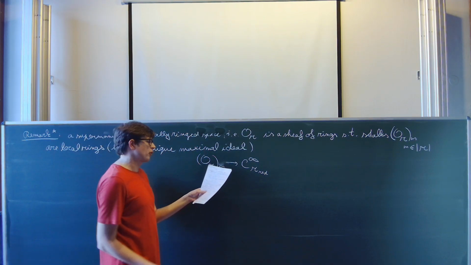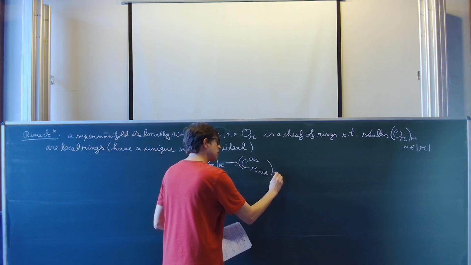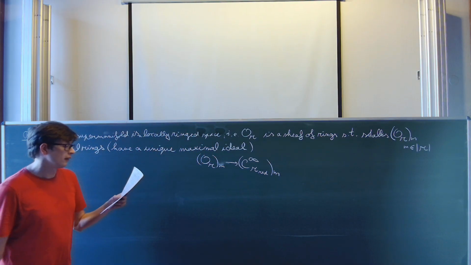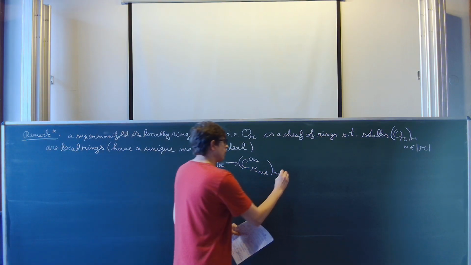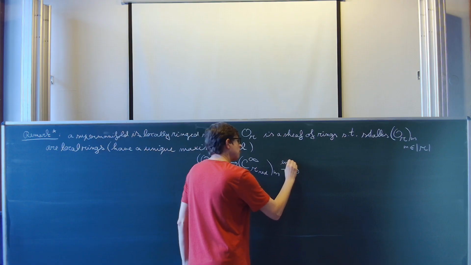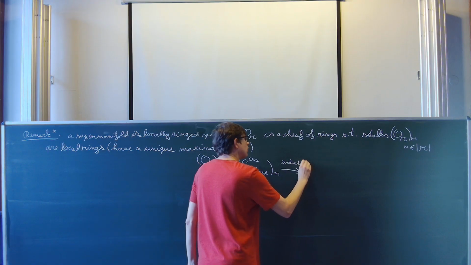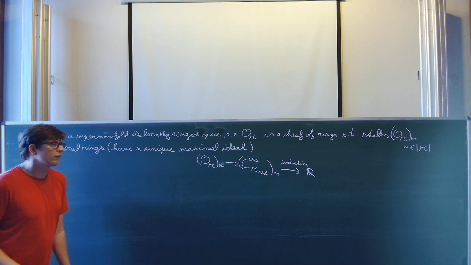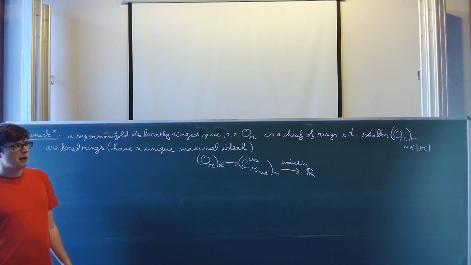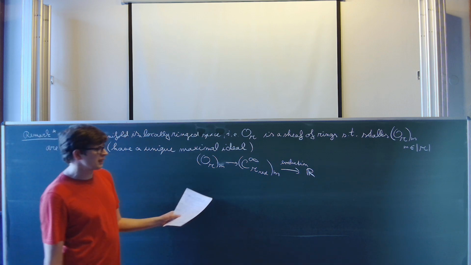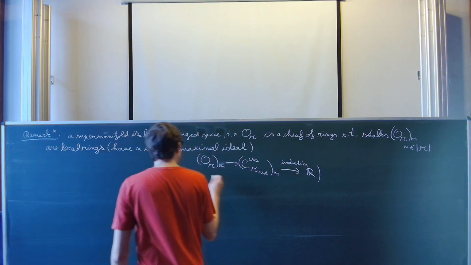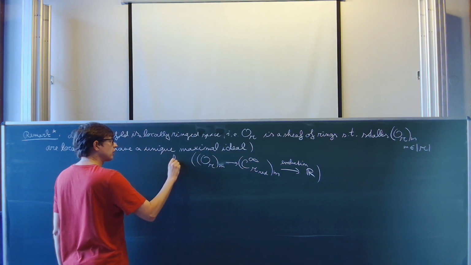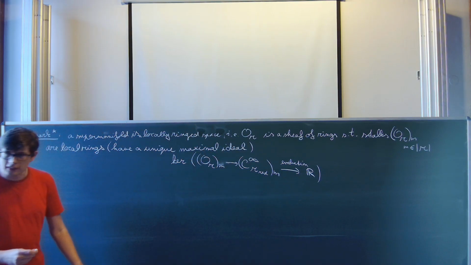It had a sheaf of smooth functions, and you see the map of stalks. And here you have the evaluation at that point M, which is a well-defined map of rings. And you take the kernel of that. That's the maximal ideal.